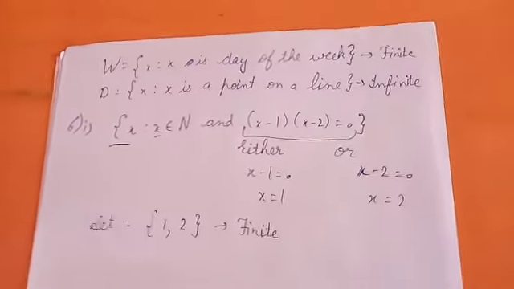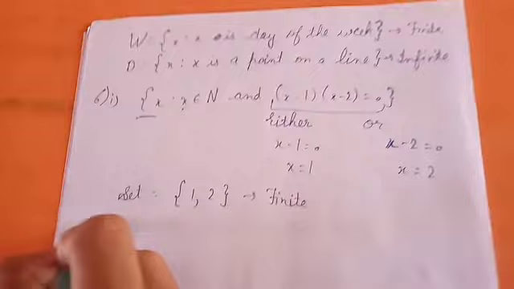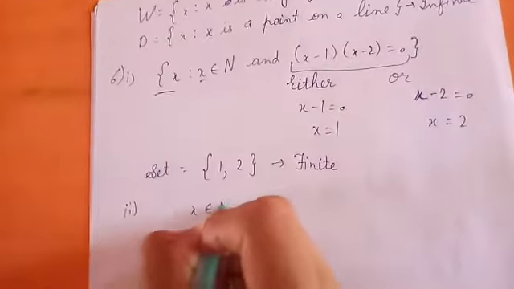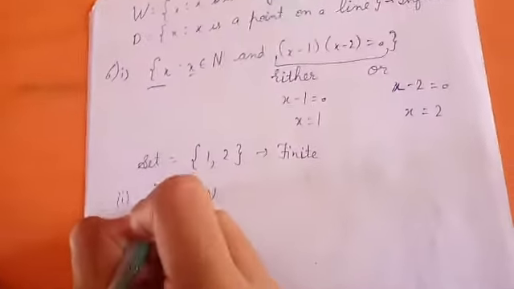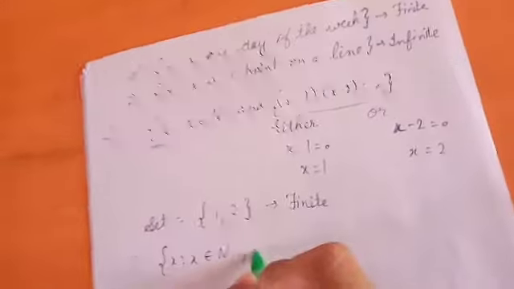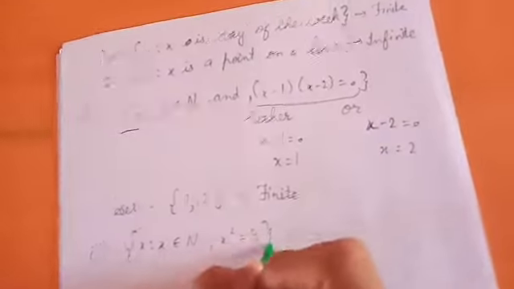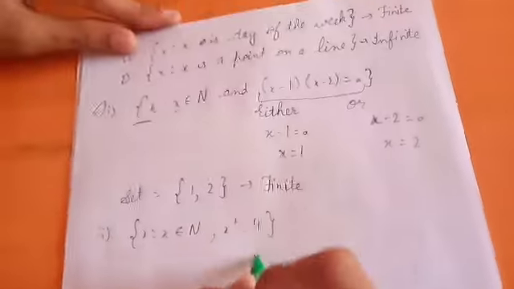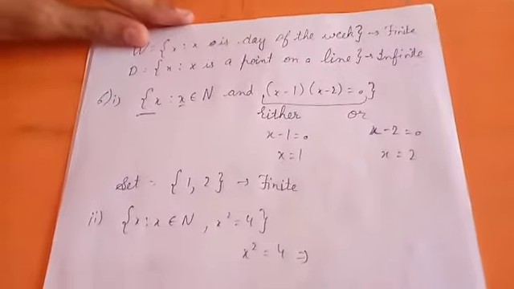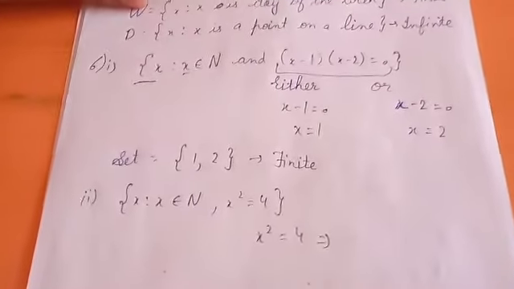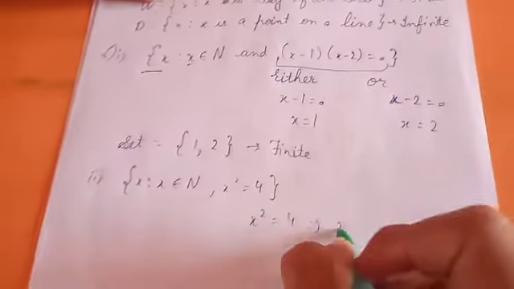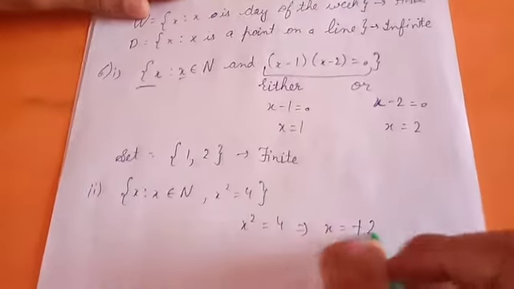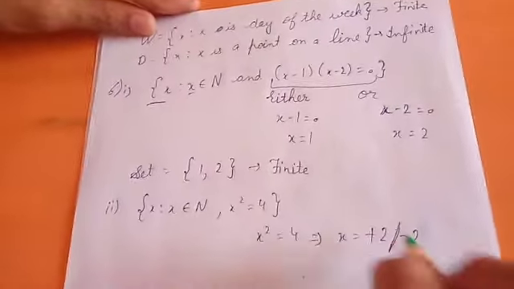Similarly, next, second part is x belongs to N and x square is equal to 4. Now x square is given to equal to 4. So from here what do we get as the values of x? x is either plus 2 or minus 2.